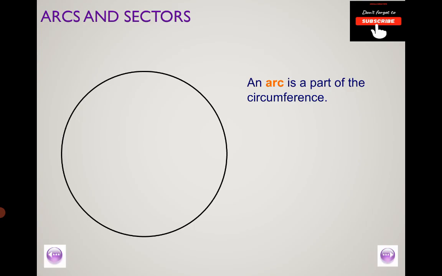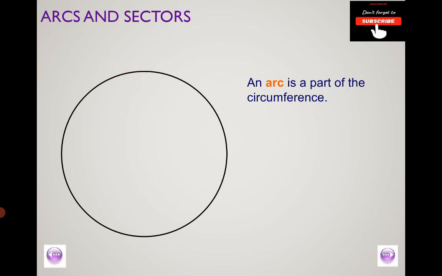All right. So, the definition of an arc: an arc is a part of the circumference. We have said that the whole of this path is the circumference. But if we take just a portion of it, let's say we select this part here, that is called an arc.